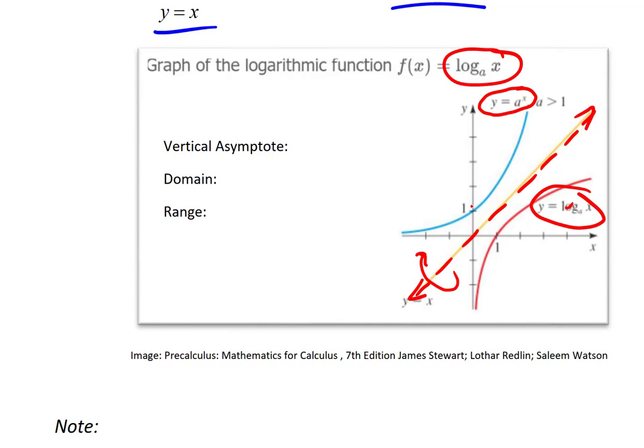Notice that along with that, the point 0, 1 was a y-intercept for an exponential graph, as we saw previously, but then the point 1, 0 is an x-intercept for a logarithmic graph. So that goes in line with the symmetry that we're talking about here, and we'll come to use that as we try to graph some of these.